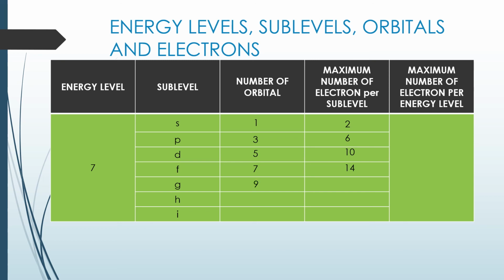G sublevel 9 orbitals or a maximum of 18. H sublevel has 11 orbitals or a maximum of 22 electrons, and I has 13 orbitals or a maximum of 26 electrons. If we add 2 plus 6 plus 10 plus 14 plus 18 plus 22 plus 26, then the seventh energy level can hold a maximum of 98 electrons.